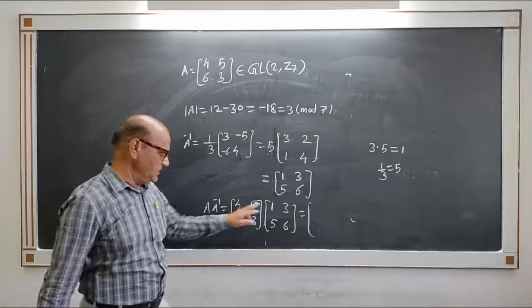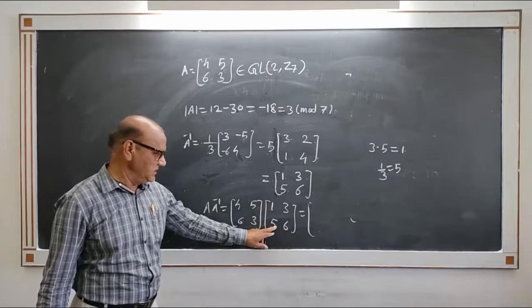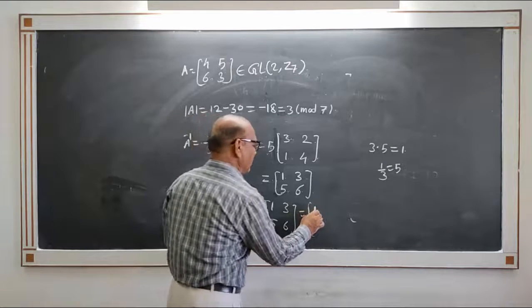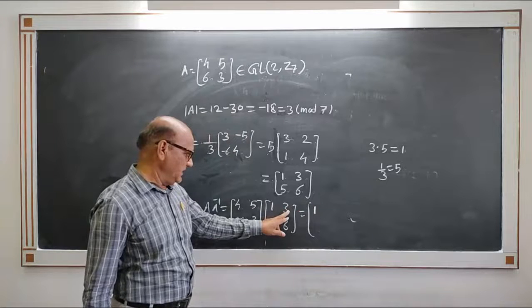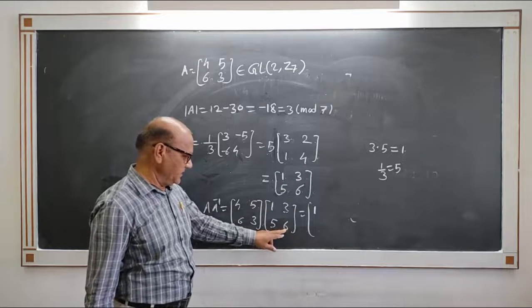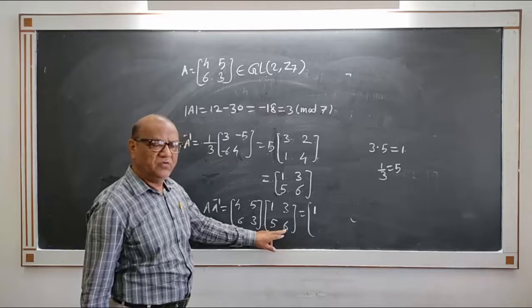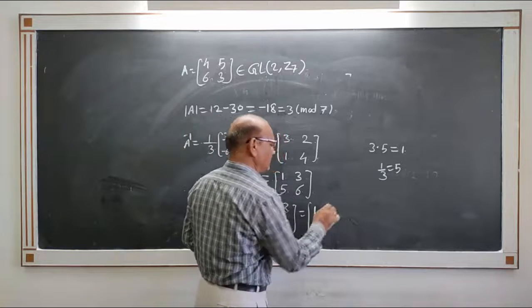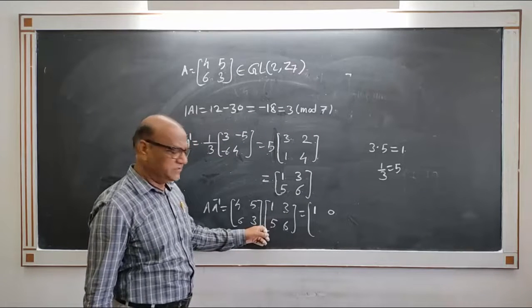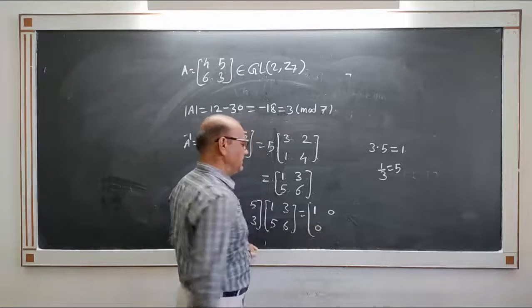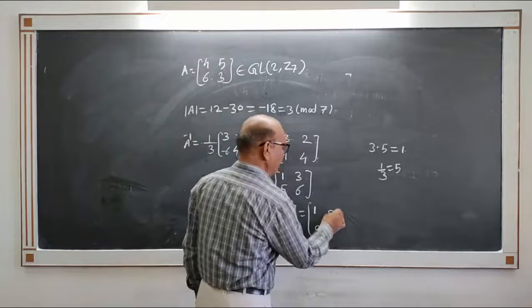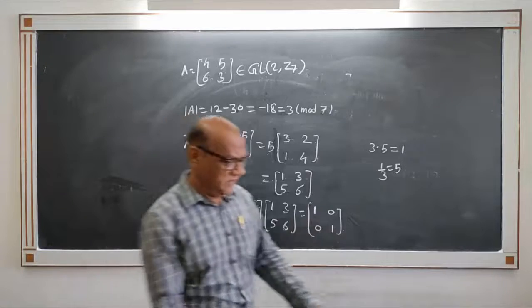This is equal to 4 plus 25, that means 29, and in Z7 that is 1. 12 plus 30, that means 42, and 42 is 0 in Z7. 6 plus 15, that means 21, and 21 is 0 in Z7. 18 plus 18 is 36, and 36 means 1. And this is the identity.